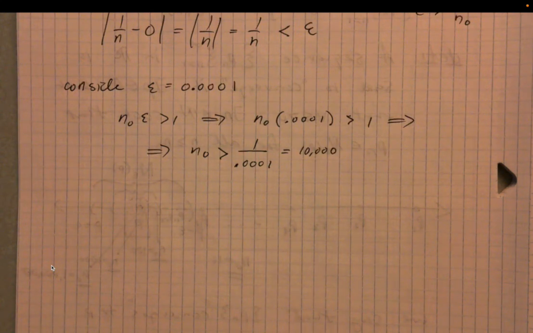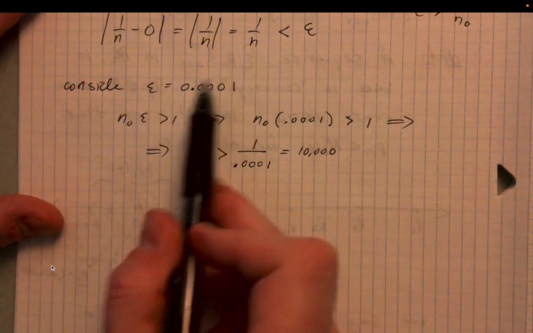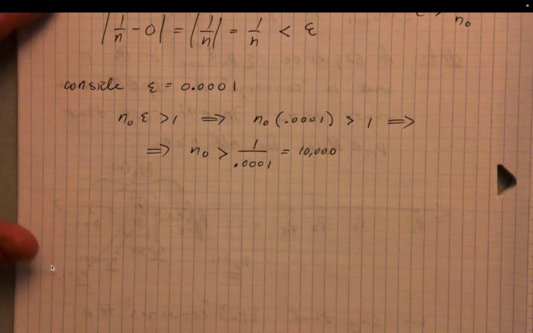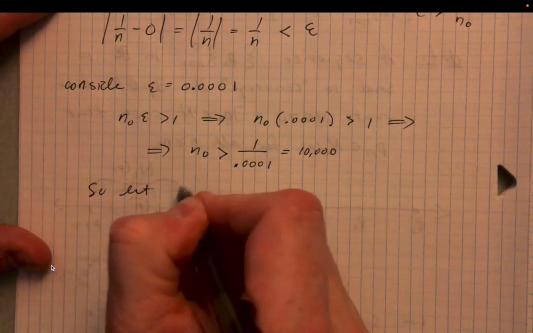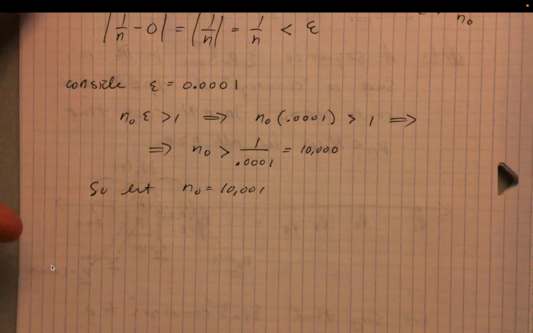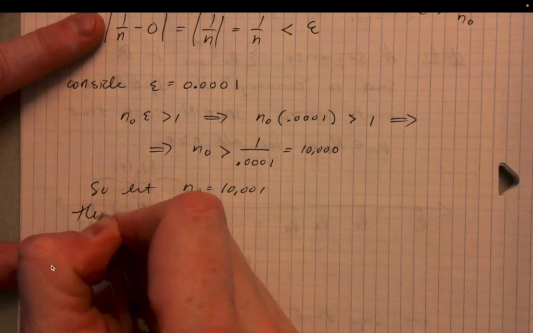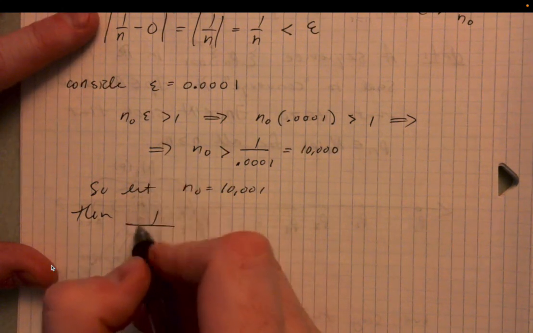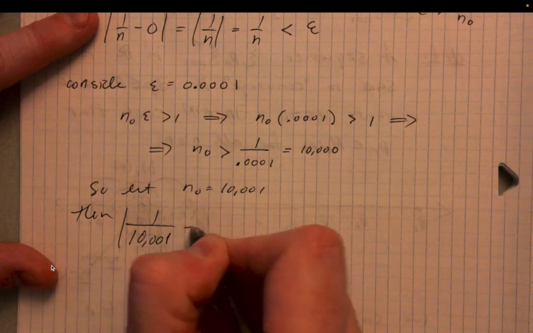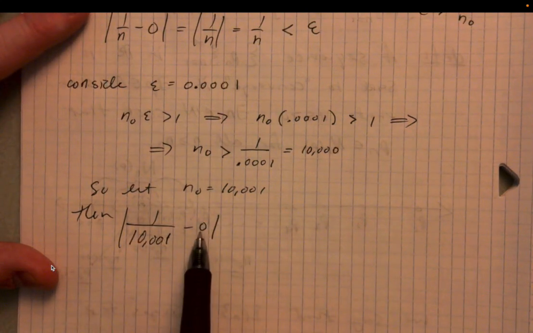Any term beyond 10,000, the 10,000th term in the sequence, will naturally be inside of an epsilon neighborhood with epsilon equal to 0.0001. Okay, so let's let n naught equal 10,001. Then what's the distance between 1 over 10,001 and, in this case, p is 0?